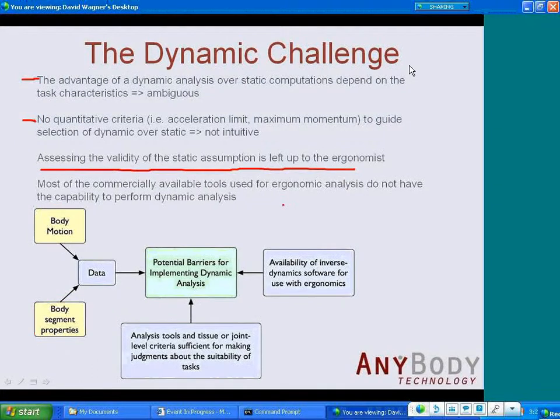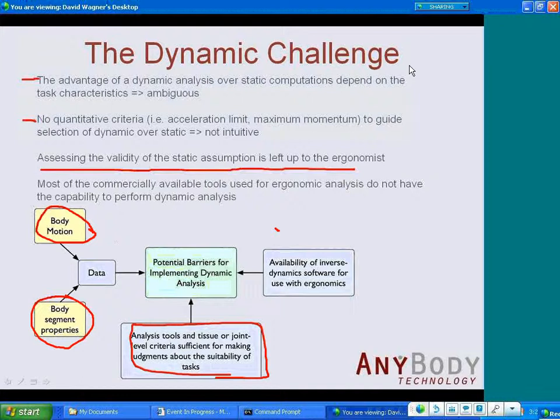Some of the potential barriers that I foresee are, one, as I've already talked about, the availability of inverse dynamic software for use with ergonomics. It may not be readily available, although I hope to solve that with the use of this AnyBody software that I've just acquired.